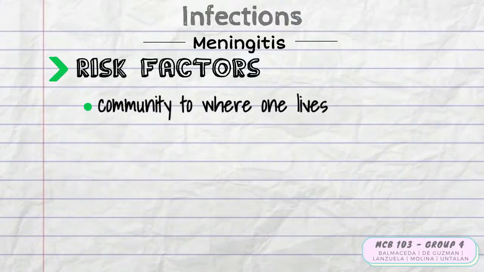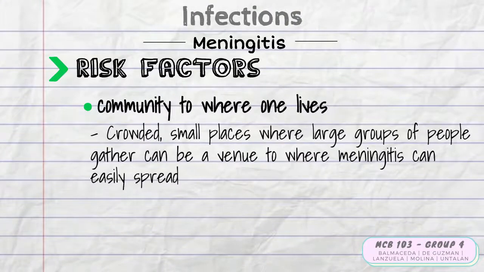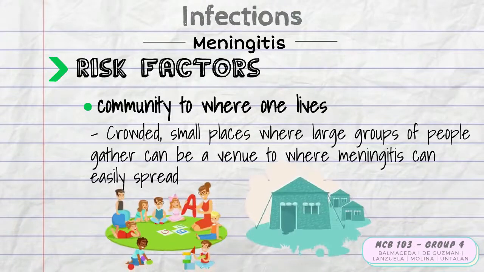Third, the community in which one lives can also be a risk factor. Crowded, small places where large groups of people gather can be a venue where meningitis can easily spread. Some of these places include boarding houses and dormitories, daycare centers, and barracks.